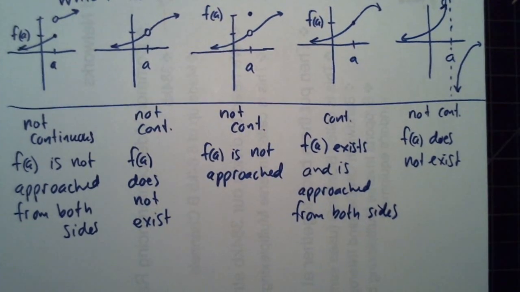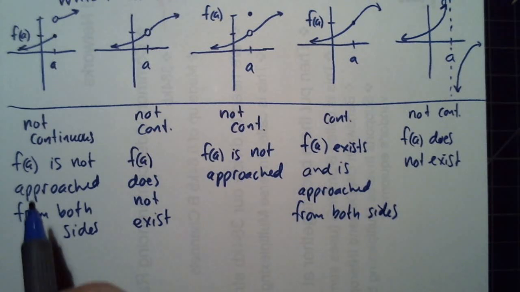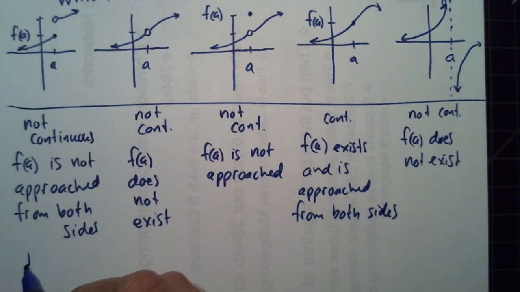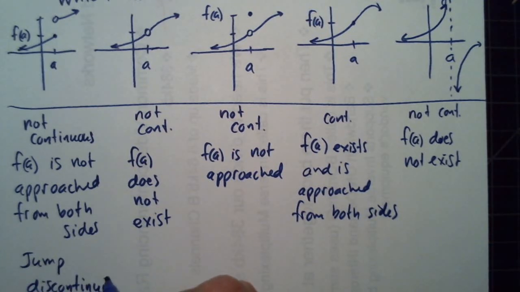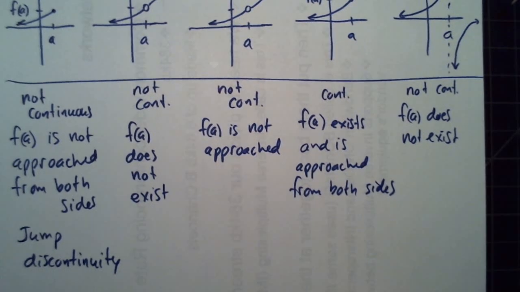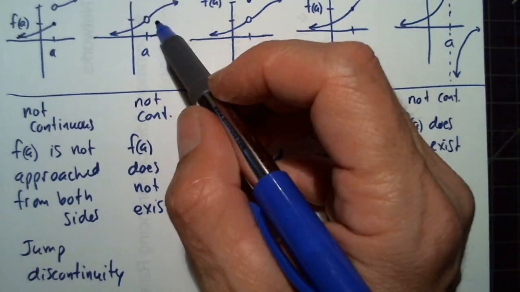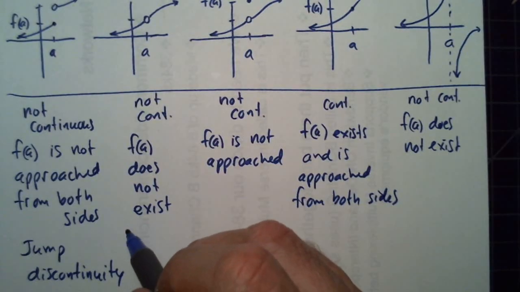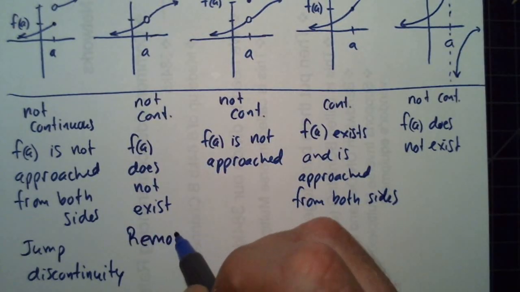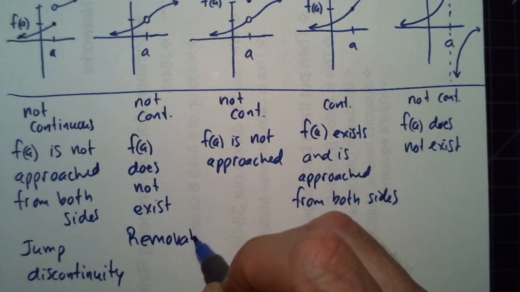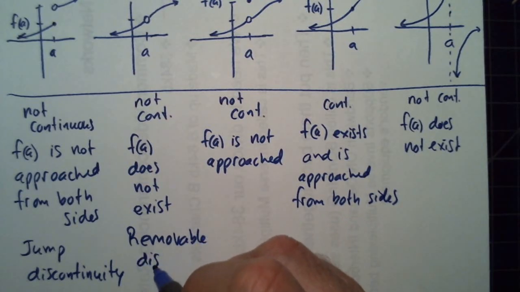All right, and then let's throw in some vocabulary. When the graph jumps, it's called a jump discontinuity. When there's just a hole in the graph, it's usually a removable discontinuity.